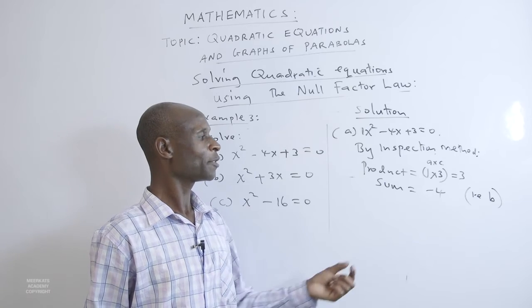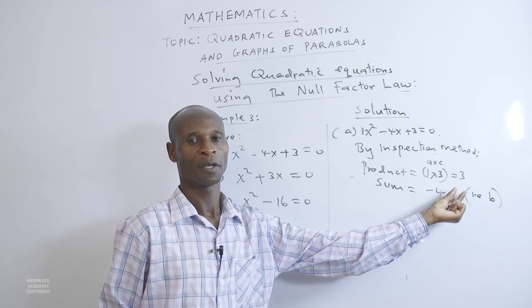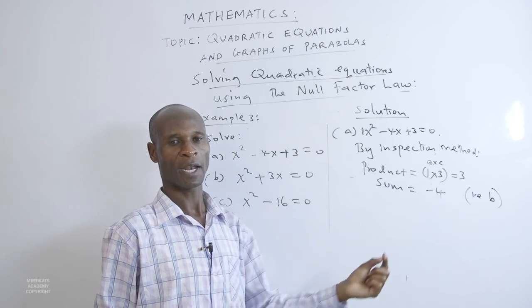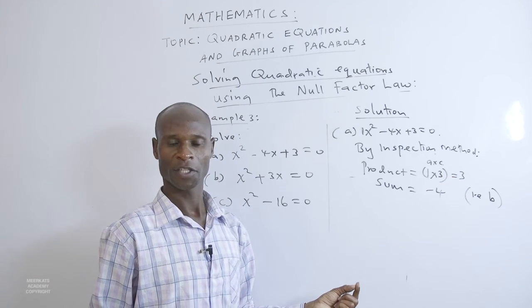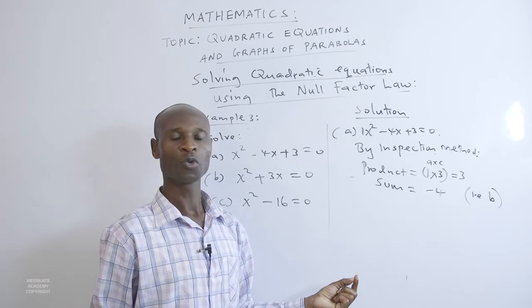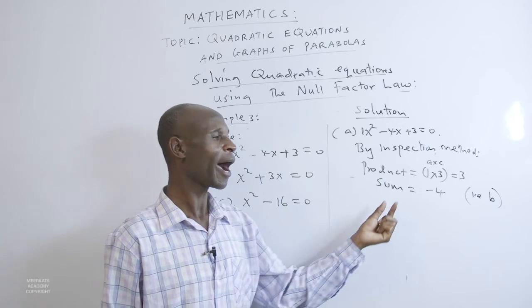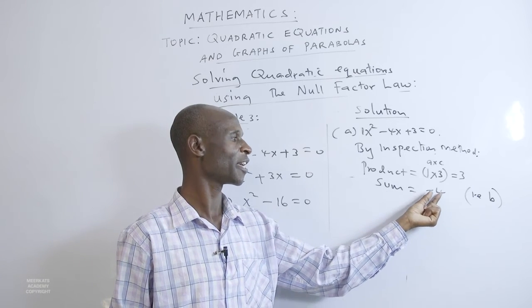So, you must be guided by the product. We look for those two numbers using the trial and error method. Class, which numbers do you multiply? The two numbers you can multiply and obtain positive 3, and when you add, that is, you sum up, we get negative 4.